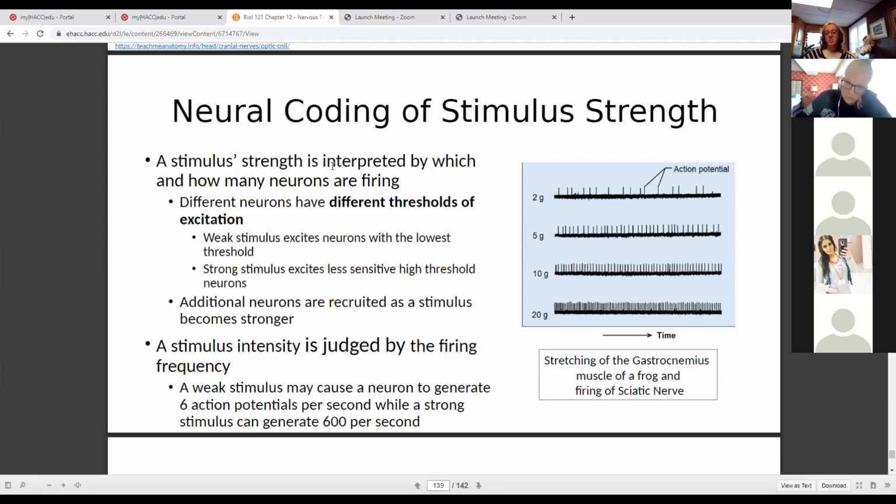So a stimulus intensity is judged by the firing frequency. A weak stimulus can cause a neuron to generate 6 action potentials per second, while a strong stimulus can generate 600 per second. So different thresholds of excitation and stimulus frequency.